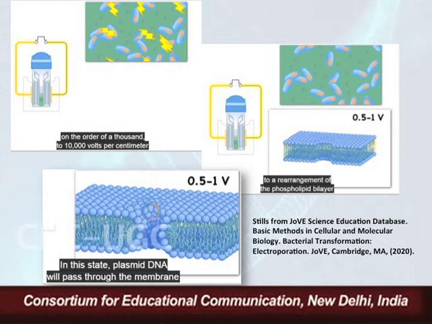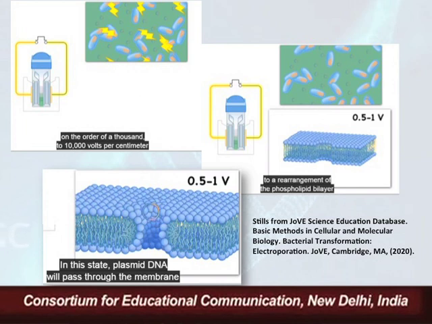For the bacterium E. coli, we give a shock of 0.5 to 1 volt. Due to this shock, as you can see in the plasma membrane, a transient hole appears because there is a rearrangement of the bilipid layer, and a transient pore opens.